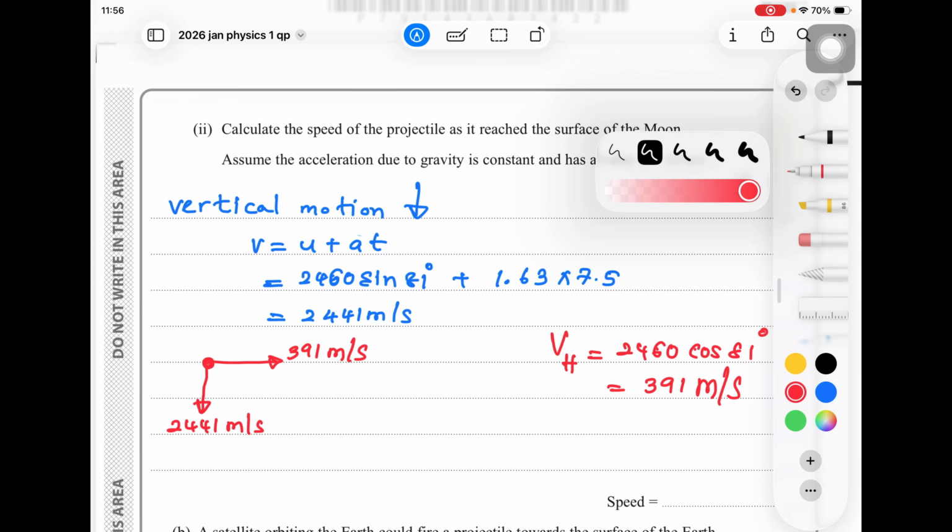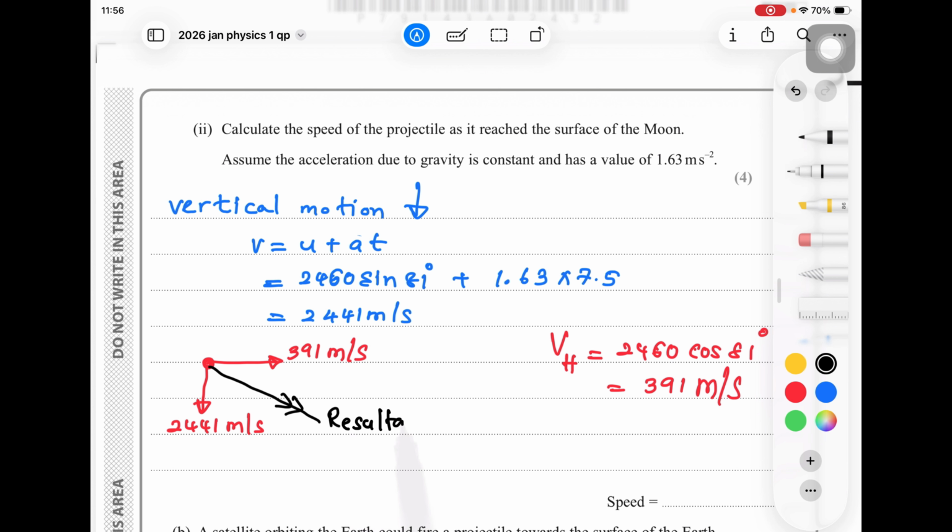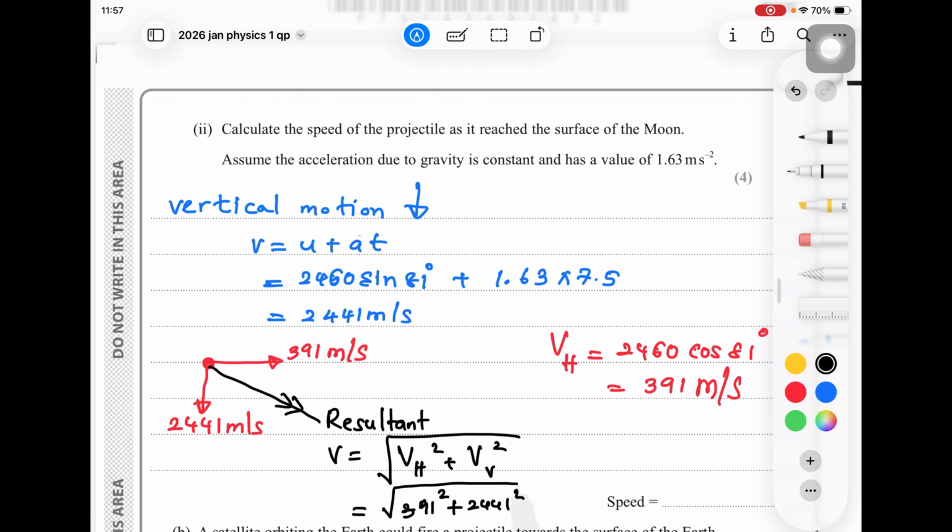So let's think about the resultant velocity. This is going to be the square root of the horizontal component squared plus the vertical component squared. So it's the square root of 391 squared plus 2441 squared.